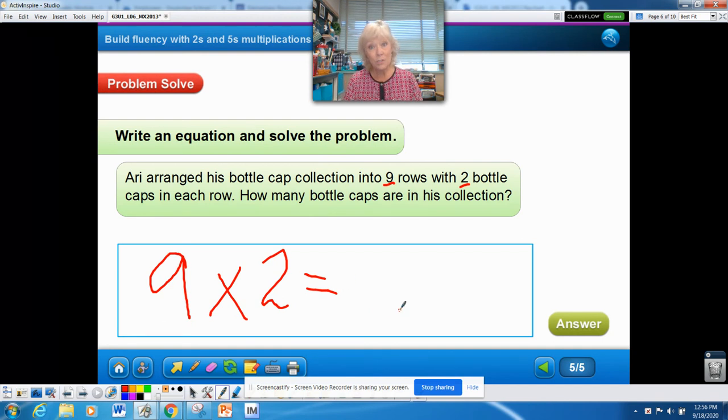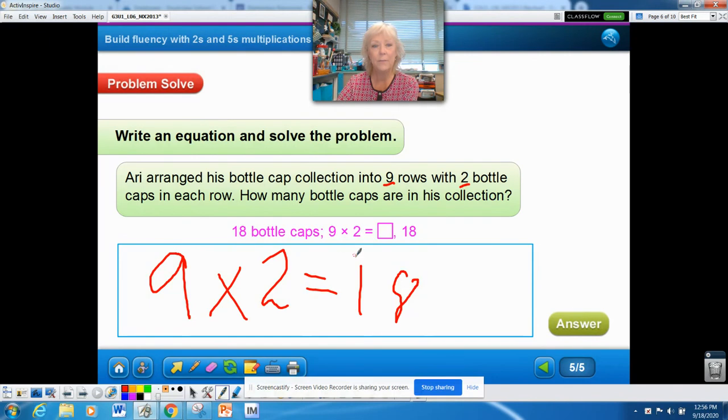So if you remember your 2 count bys, what you can do is take 9 fingers, and count them by 2's. So 2, 4, 6, 8, 10, 12, 14, 16, 18. And count them down. So let's see, 18.